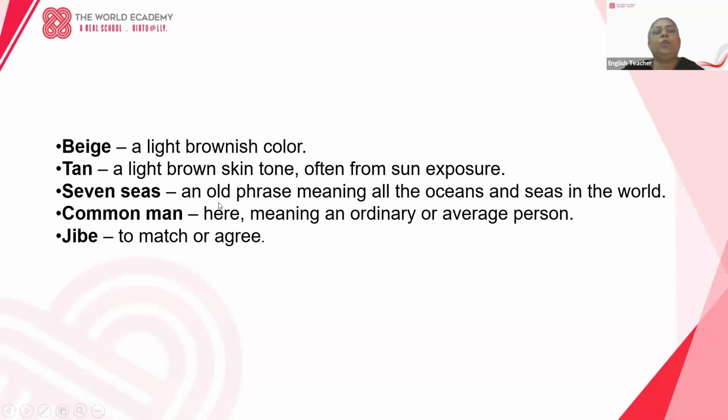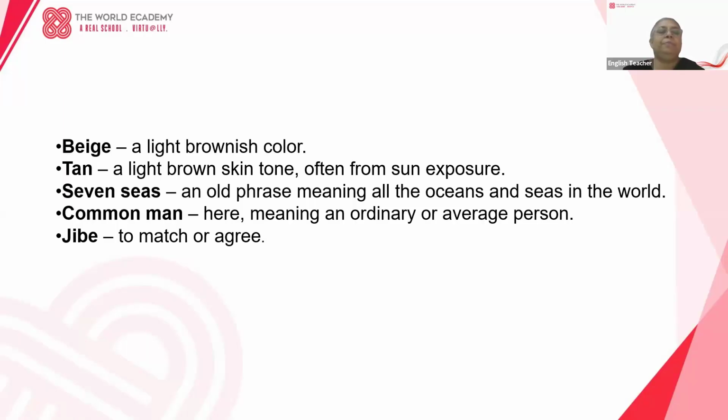Seven seas, it's like an old phrase. If you have traveled a lot in your life, you say, oh my God, I've gone across seven seas. That doesn't mean you have counted all the seven seas, okay? It's just an exaggeration to say that I have crossed across the oceans and the seas. Common man: we generally use this for an ordinary average person.